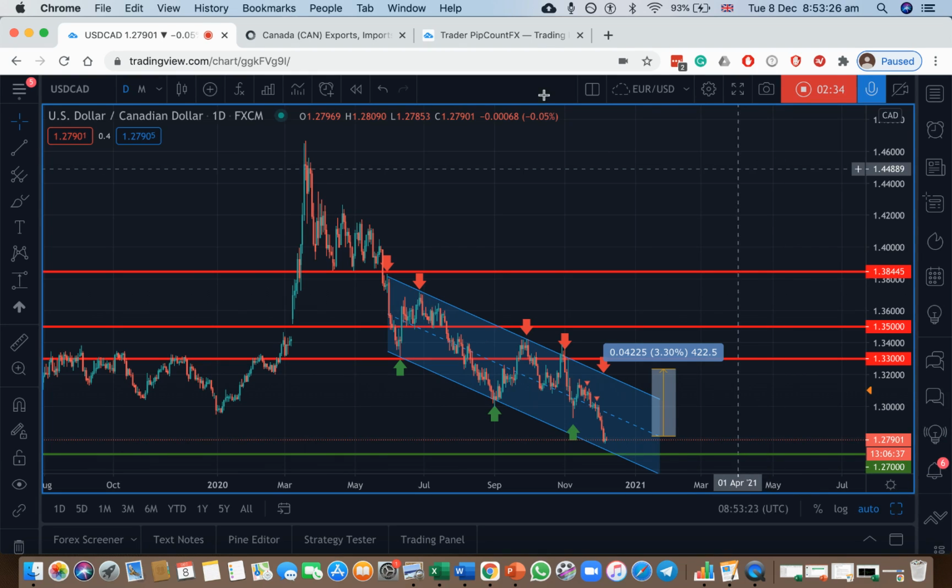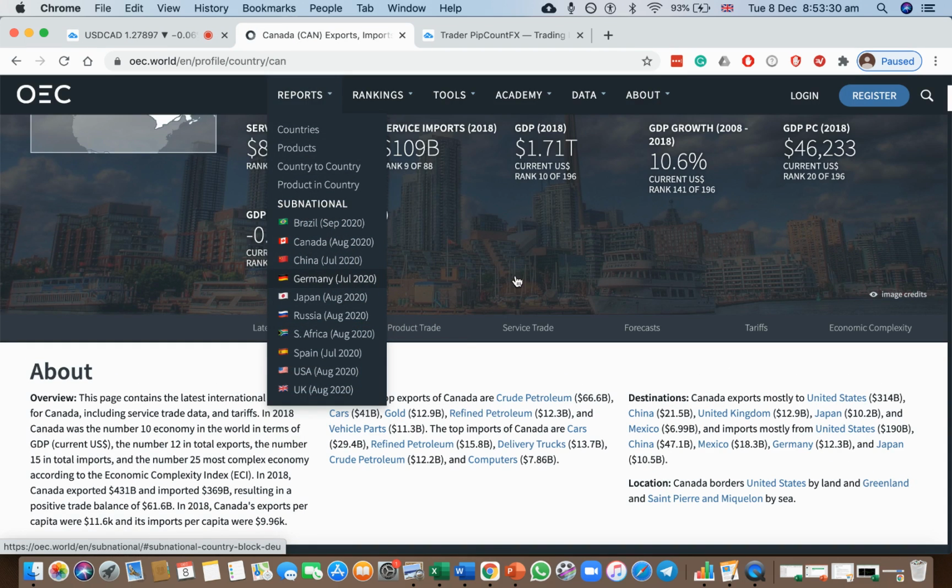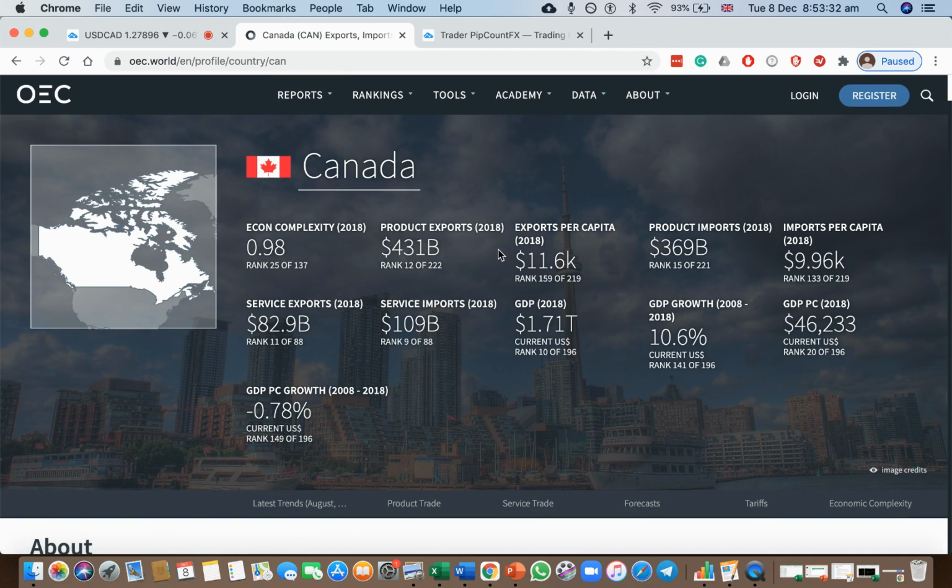Now, most importantly, we have to understand that when we look at the US economy, we just have to remember that when you're looking at Canada, you can clearly see there is a positive current account balance because they're exporting 431 billion to the rest of the world and they're importing 369 billion.